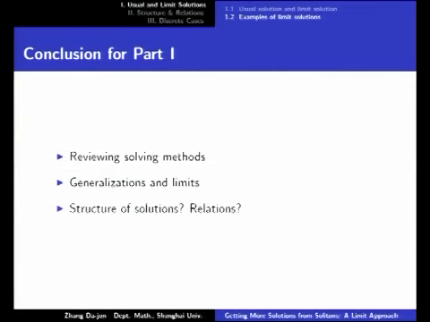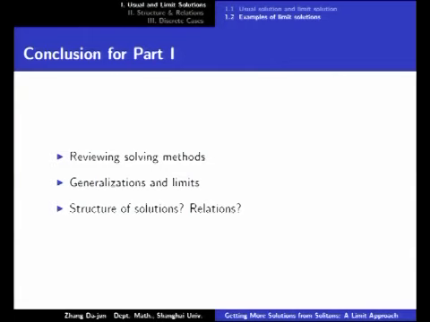Now we have seen some examples of limit solutions, or of the generalization of solving methods in the continuous case. Some solutions we get, for example the double pole solution or multiple pole solution, are a kind of limit solution.